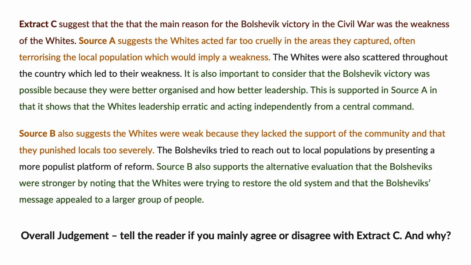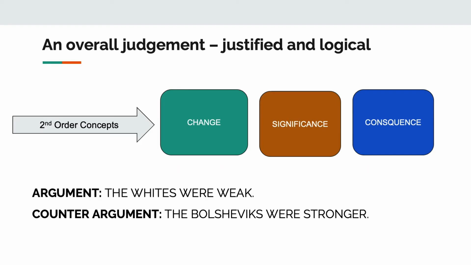Now we need to focus on the overall judgment. This is your third and final paragraph where you can perhaps get those extra marks that will get you into the high levels. How do we come up with an overall judgment that's justified and logical?